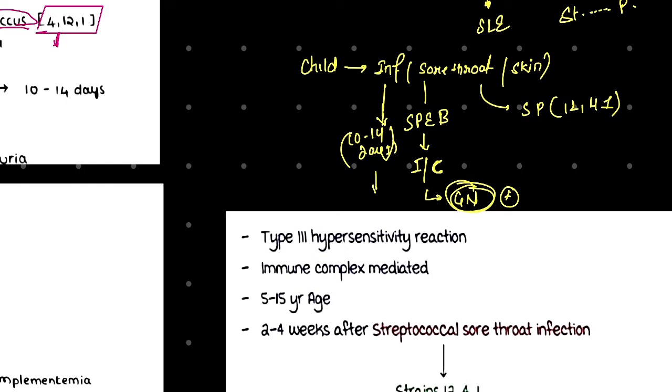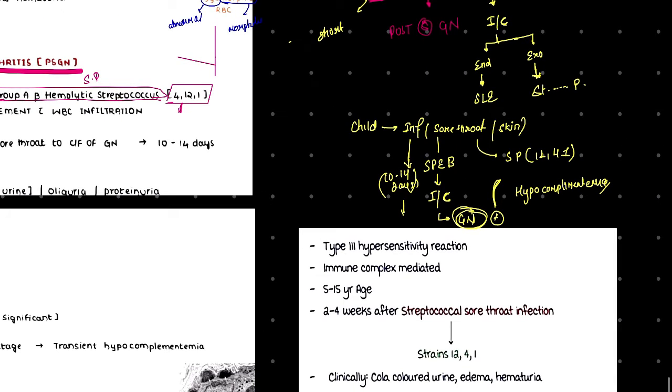At this time, there will be a transient decrease in complement, our serum C3 level will be slightly decreased, and that is called hypocomplementemia.